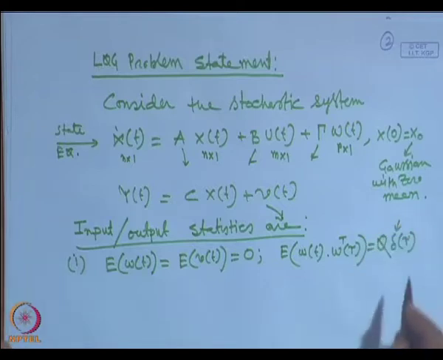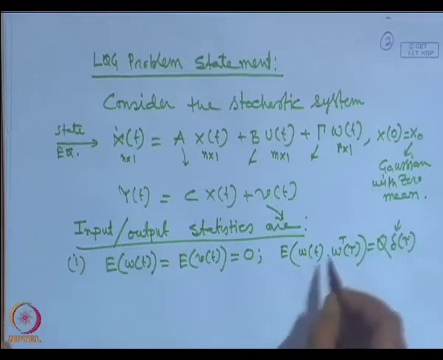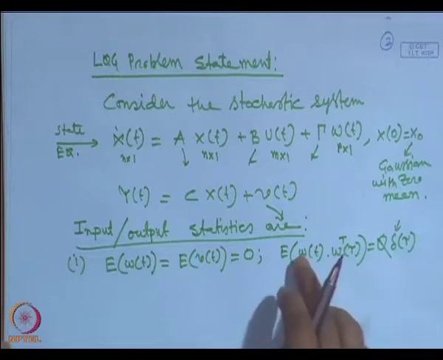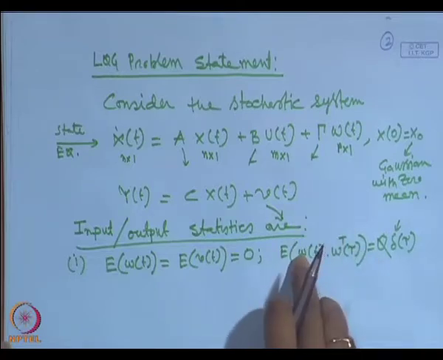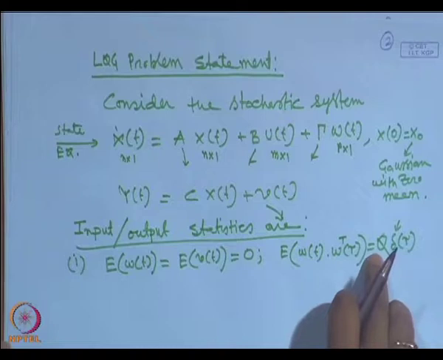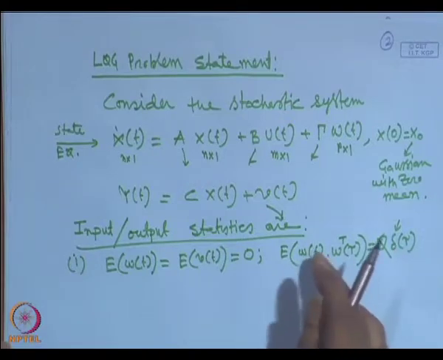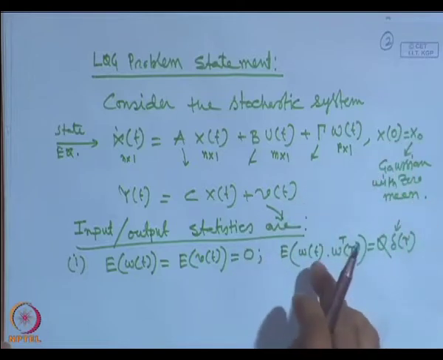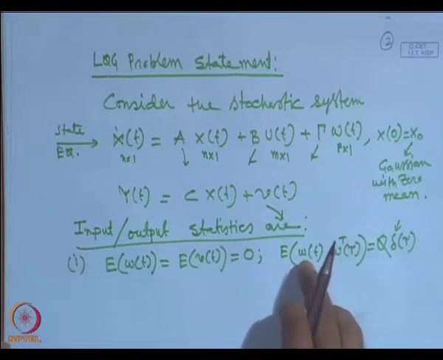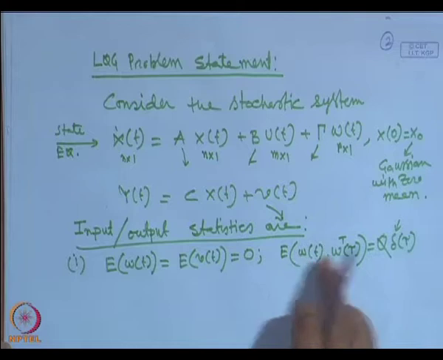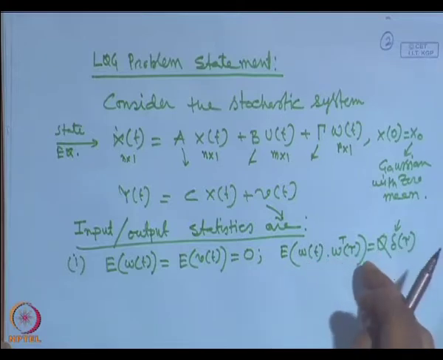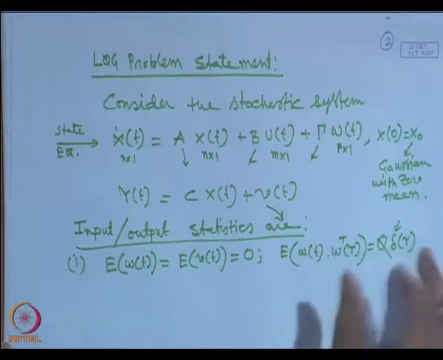Agree? This is the delta operator. Similarly, this indicates that the input noise covariance matrix is Q. Agree? And they are independent, because whatever the noise is at time t and at some other time t1, they are uncorrelated.